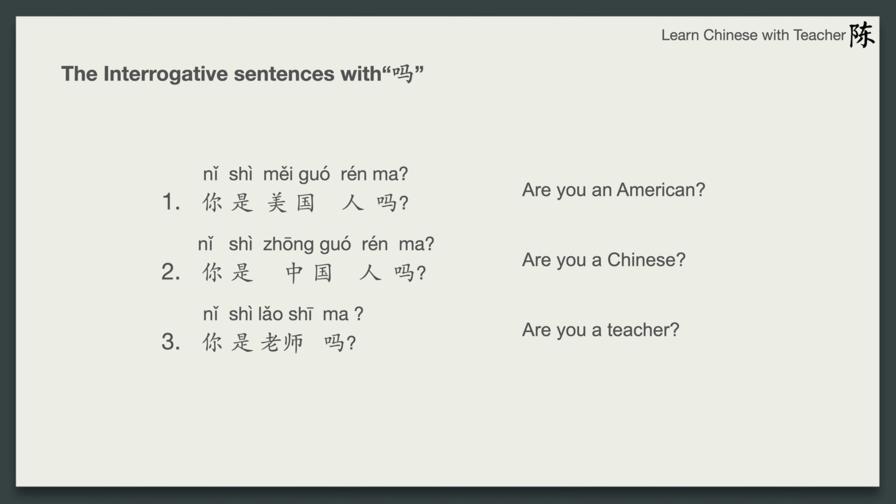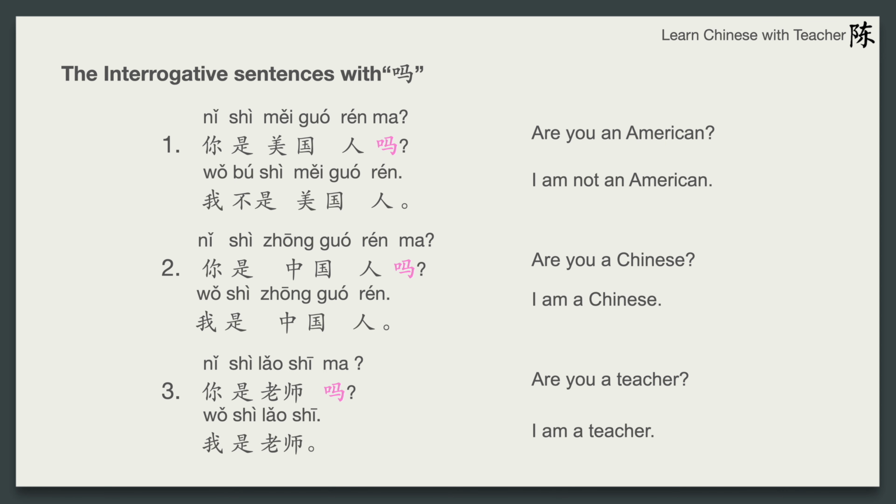Let's first look at the answers to these questions in Chinese. The first one, 你是美国人吗？ You are an American? 我不是美国人。I'm not an American.